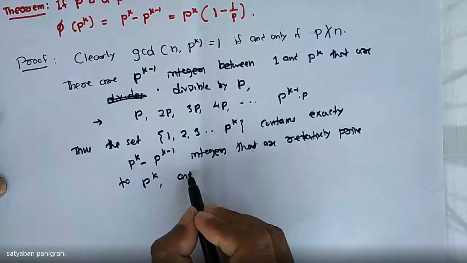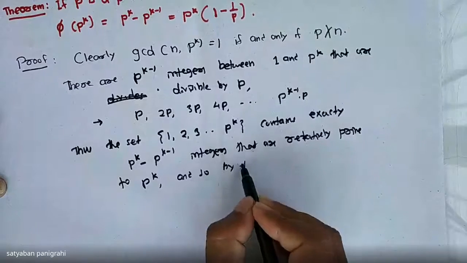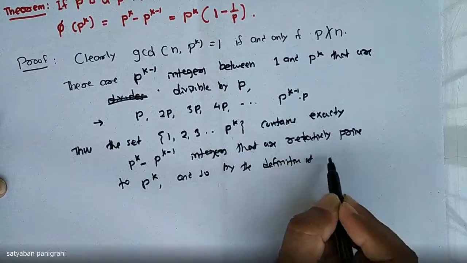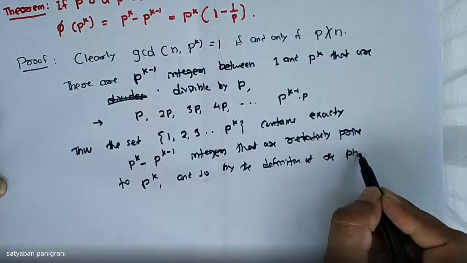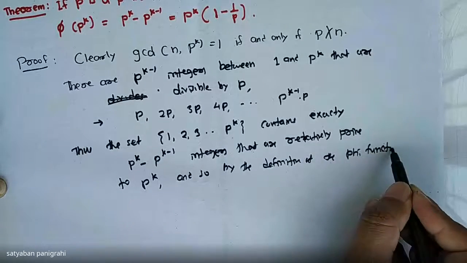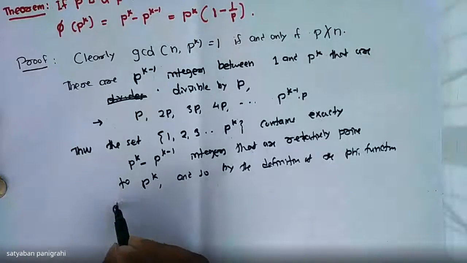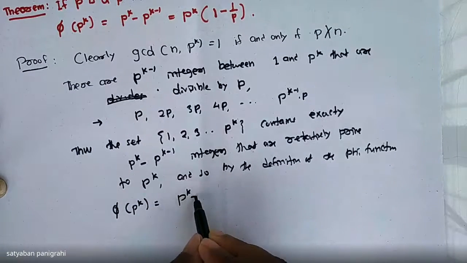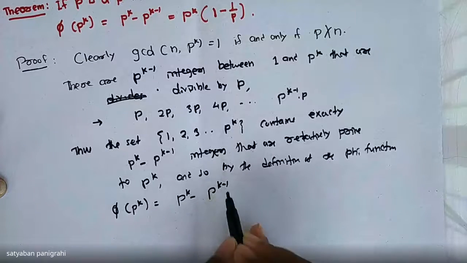And so by the definition of the phi function, we have phi of p to the power k will be p to the power k minus p to the power k minus 1.